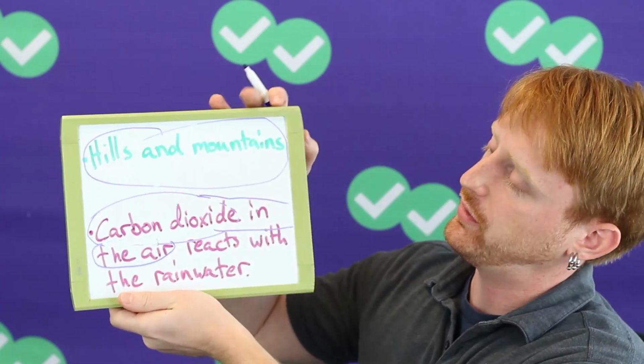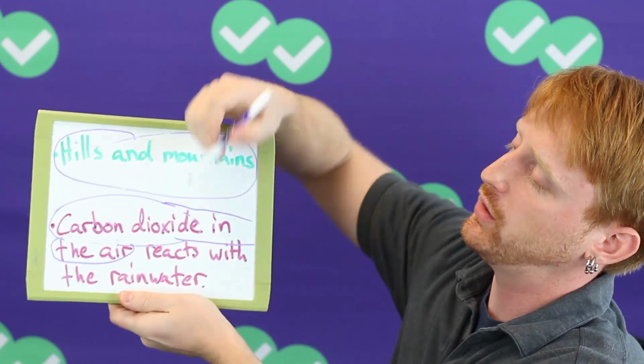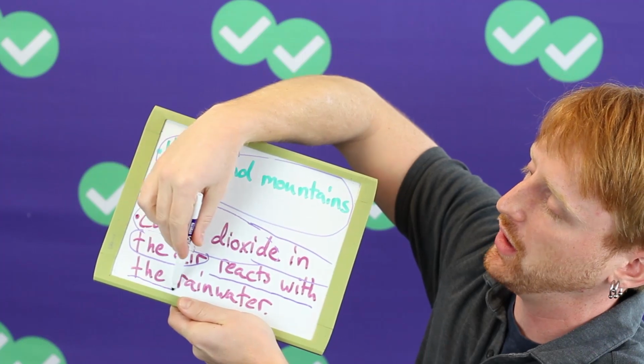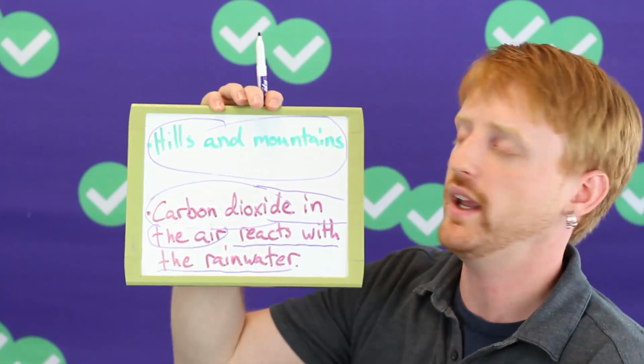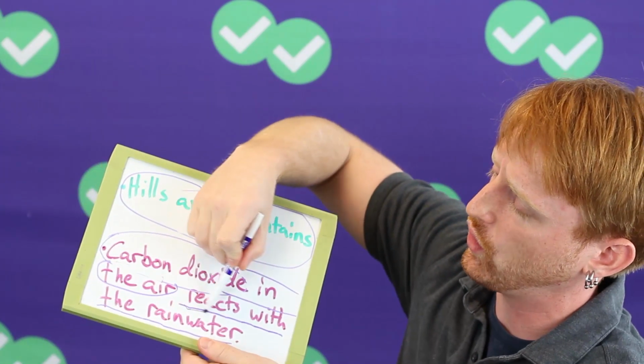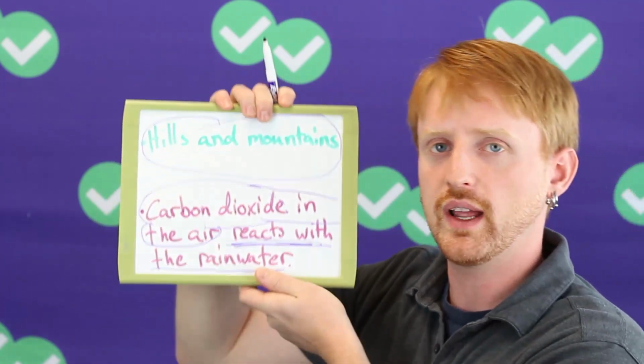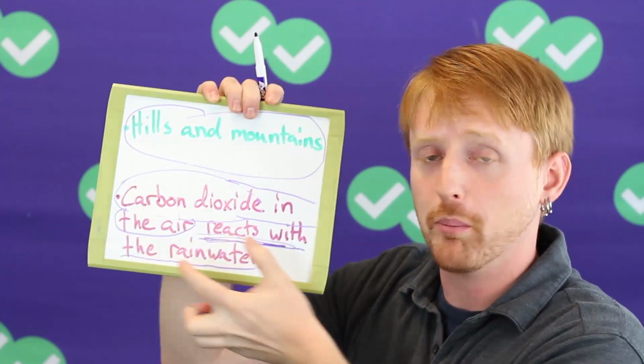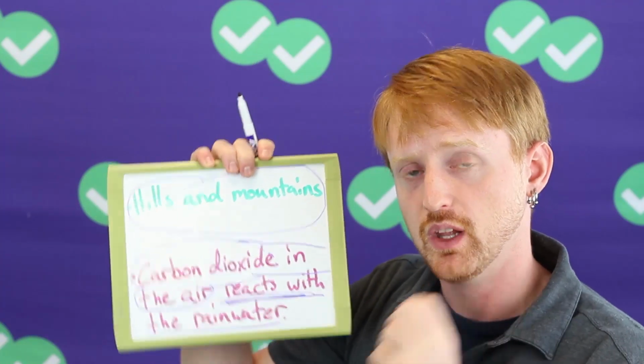And next, after that, we have the verb, and I want to again treat the whole phrase as the verb. Reacts with the rainwater, or at the very least, reacts with. Don't get stuck on reacts because there's so much more meaning happening later. So when you want to take a look at the subject and the verb, don't just go to a single word. Extend it. Let's take a look at some more examples.